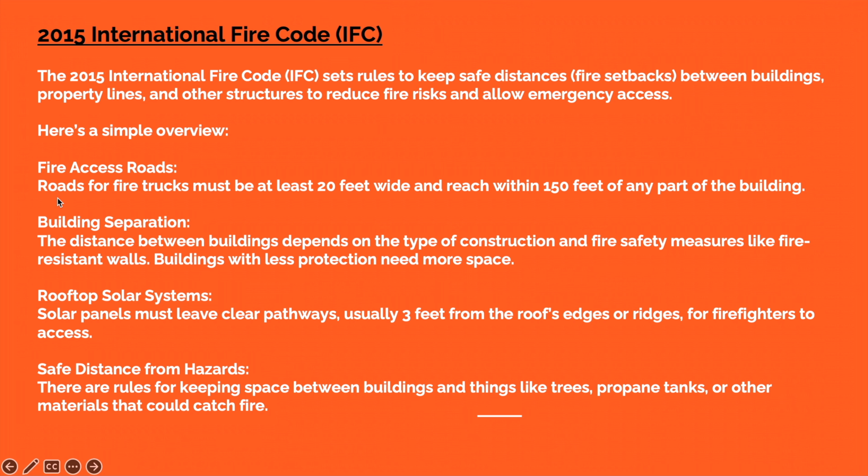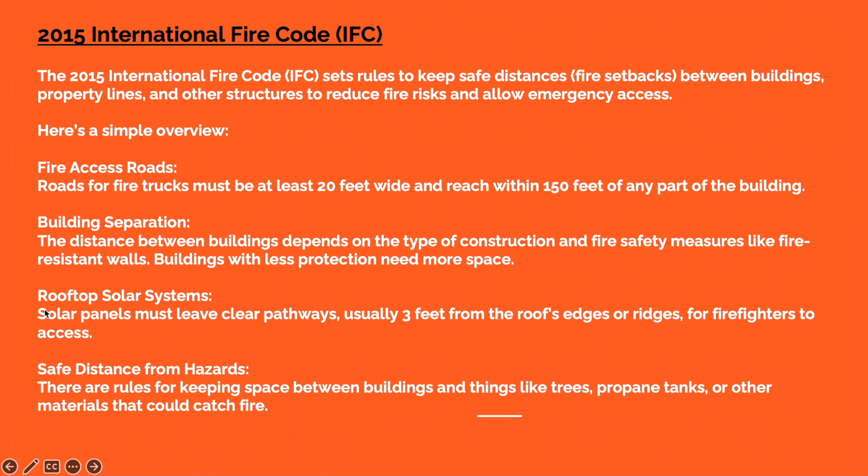Roads for fire trucks must be at least 20 feet wide and reach within 150 feet of any part of the building. And there is building separation. The distance between buildings depends on the type of construction and fire safety measures like fire resistance wall. Buildings with less protection need more space.